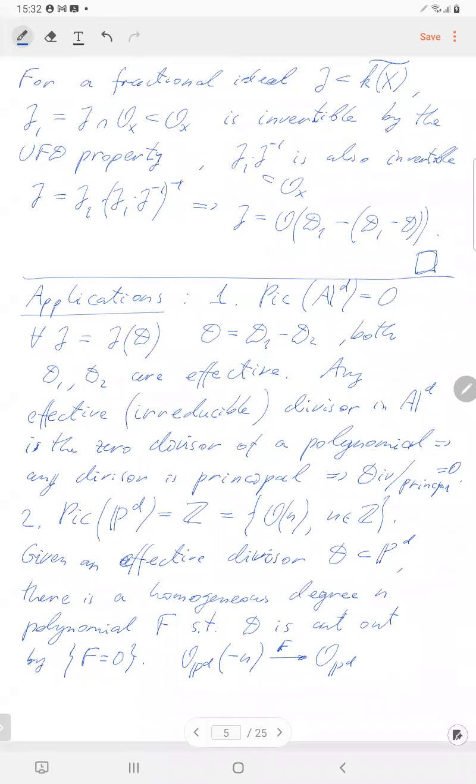I claim that, first of all, it's an embedding, because there are no zero divisors: F times something is never zero.